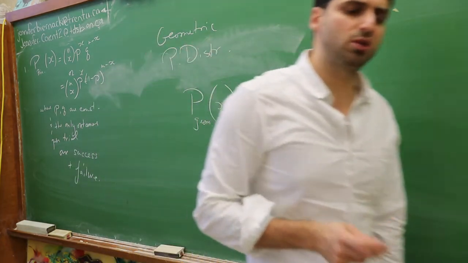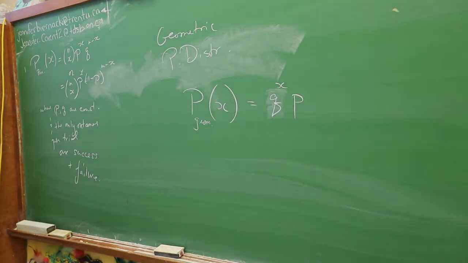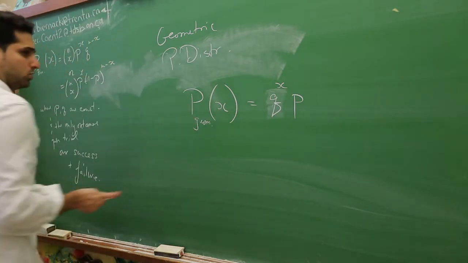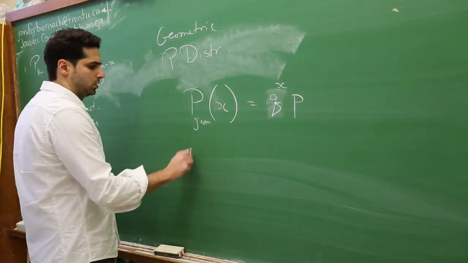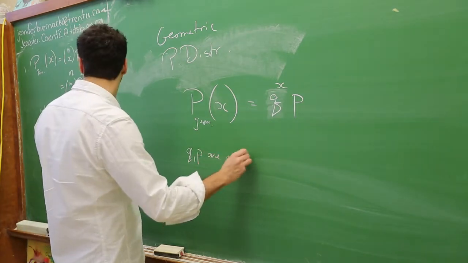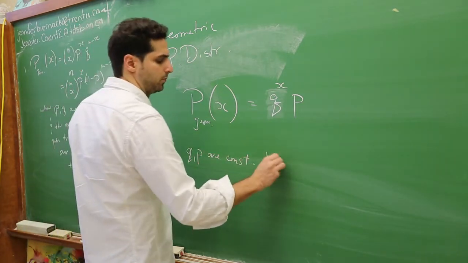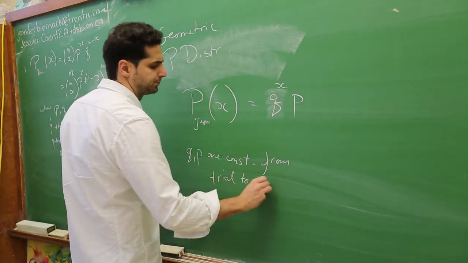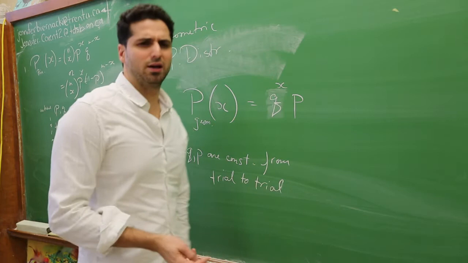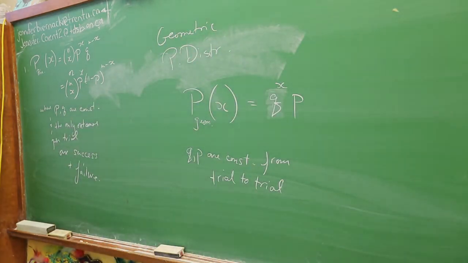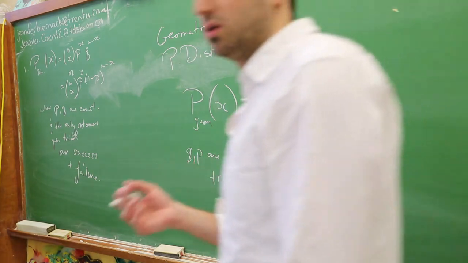Okay, so what is a geometric distribution about? The commonality between a geometric distribution and a binomial distribution is that in a geometric distribution, q and p are also constant from trial to trial. But the scenarios that a geometric distribution is used for are different. And they go as follows.